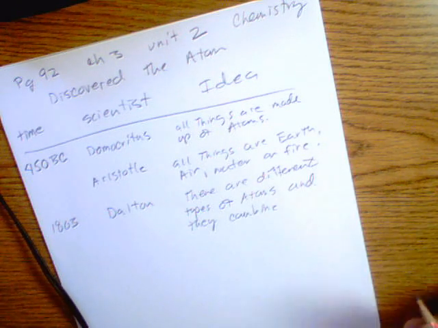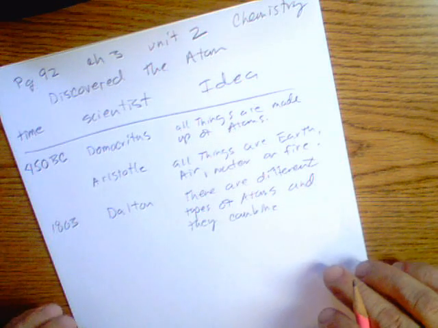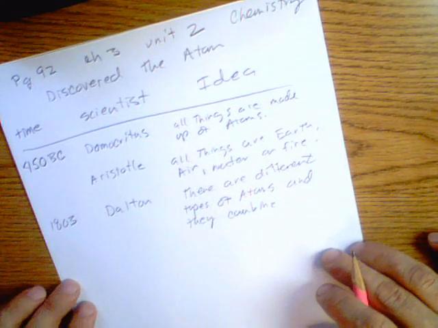So we only have about 90 occurring elements, but they combine, and that's what makes up the variety of matter that you see today. Right?